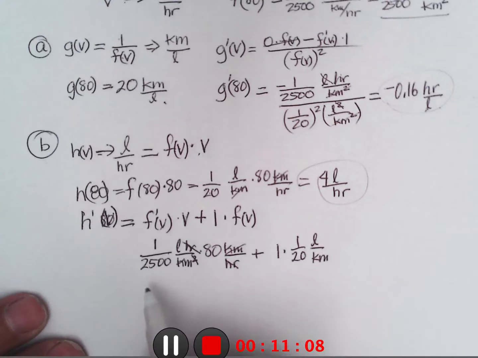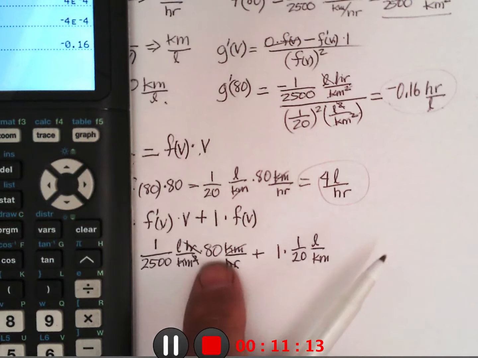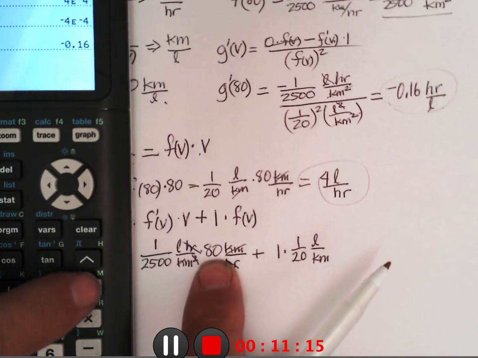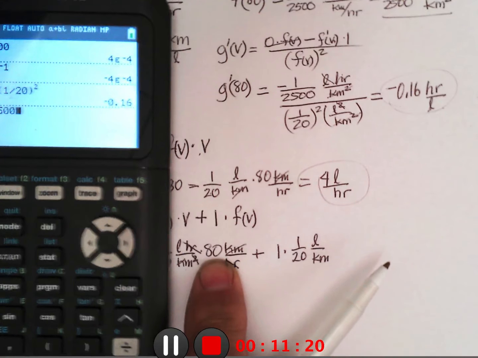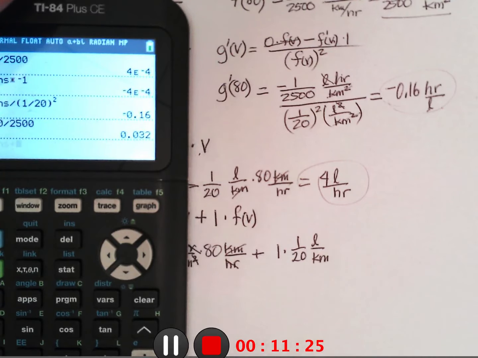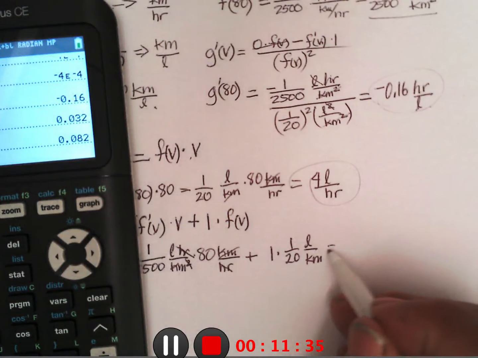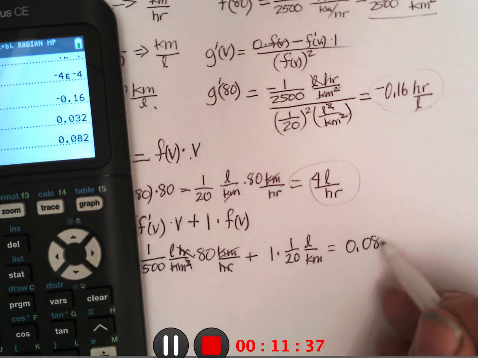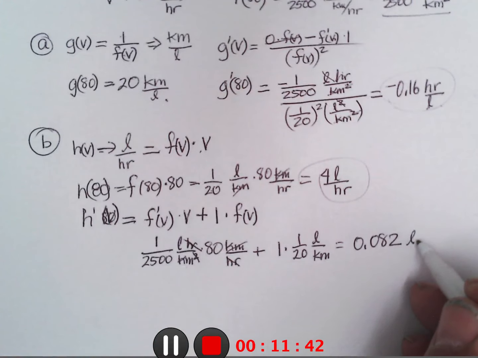So we get the number to be 80 divided by 2500 plus 1 divided by 20, and we get 0.082 liters per kilometer.